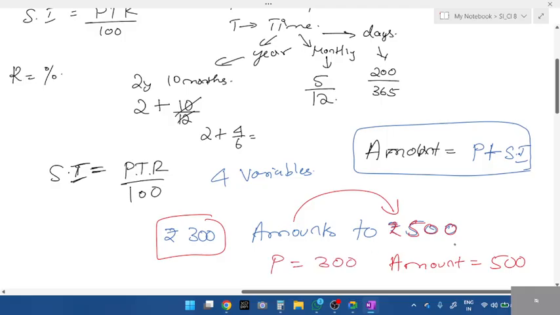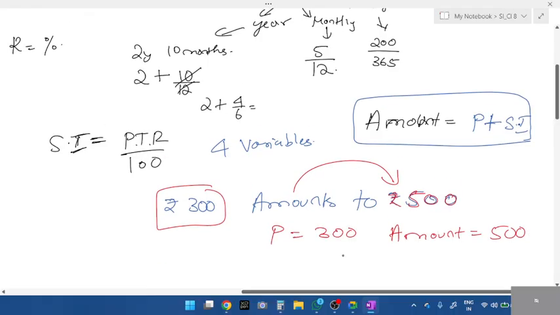It amounts to 500. Then what will be the interest, students? Use this formula. Substitute and tell me the interest. How much extra are we getting? 500 is equals to 300 plus simple interest. What is the simple interest value? Think and answer.